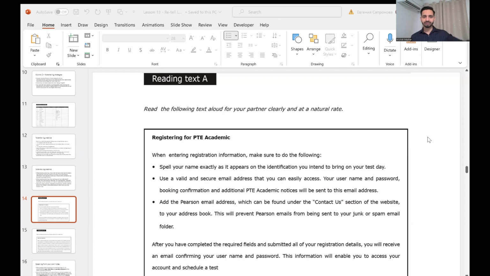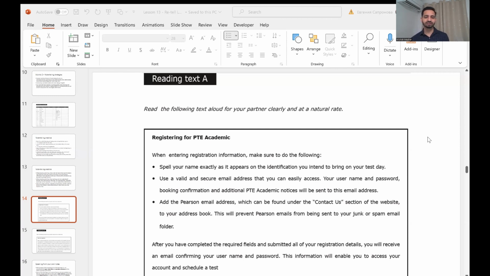Okay, so the topic here was registering for PTE Academic. When entering registration information, make sure to do the following. Spell your name exactly as it appears on the identification you intend to bring on your test day. Use a valid and secure email address that you can easily access. Your username and password, booking confirmation, and additional PTE Academic notices will be sent to your email address.